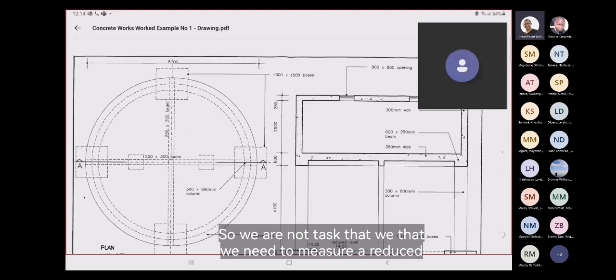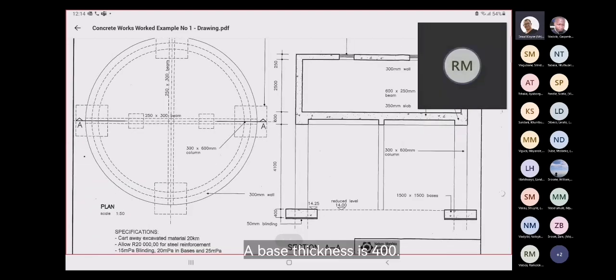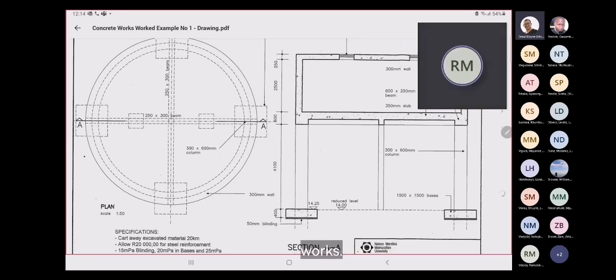So we are now tasked that we need to measure. My reduced level is at 14.0 and the top of my base is at 14.25. My base thickness is 400, and we are tasked to generate the quantities for the concrete works for this reservoir.